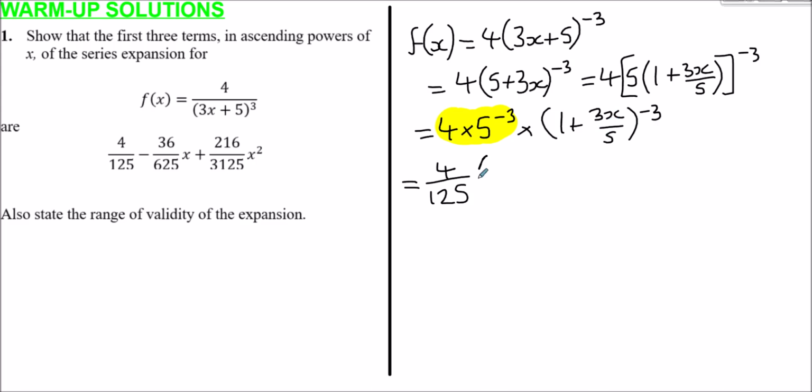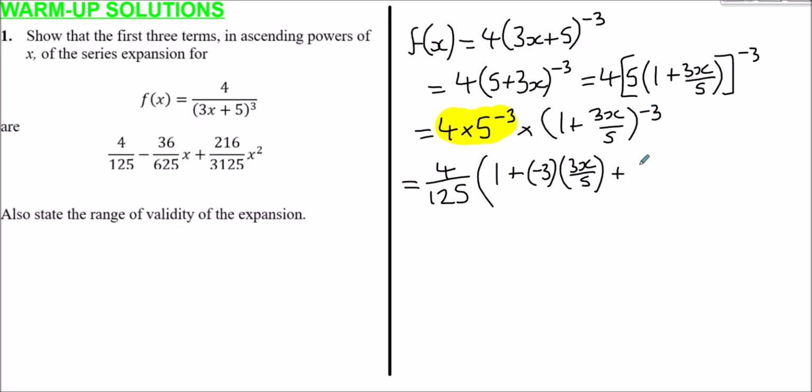So for binomial expansion, once the leading term in the bracket is 1, the first term again is 1. We then have the power the bracket's being raised to, in this case minus 3, and that's multiplied by the second term, 3x over 5. We only need to go up to the x squared term, so the next one is going to be the last one we need to do.